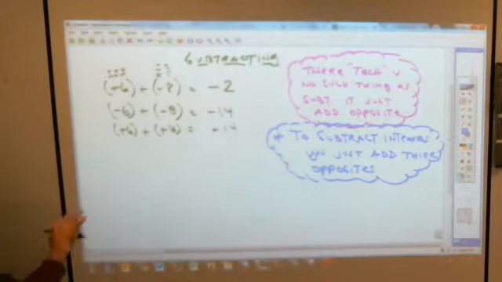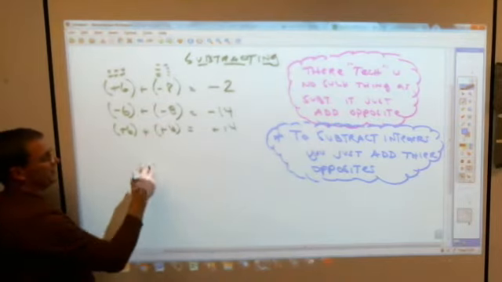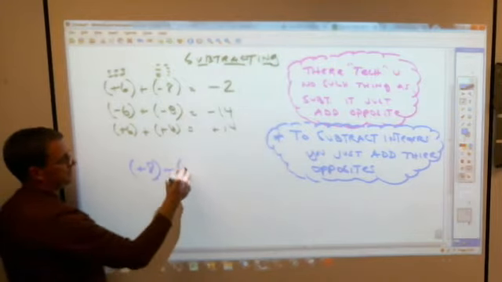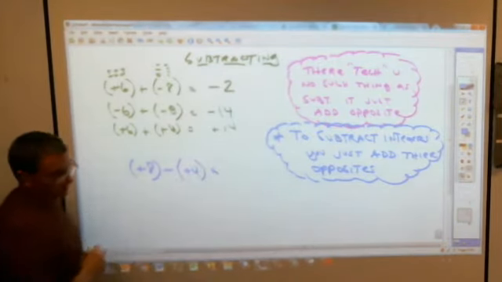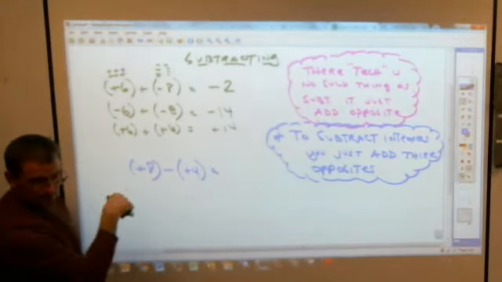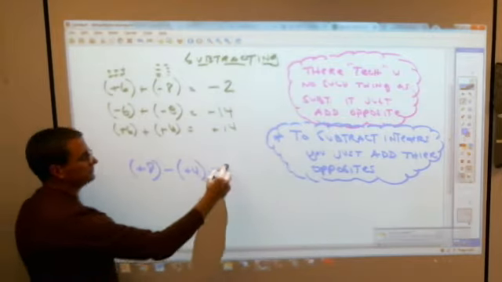Let's forget about all this and go to a subtraction problem. Positive 8 minus a positive 4. I would be willing to bet you could do this because it's 8 minus 4, which is 4.